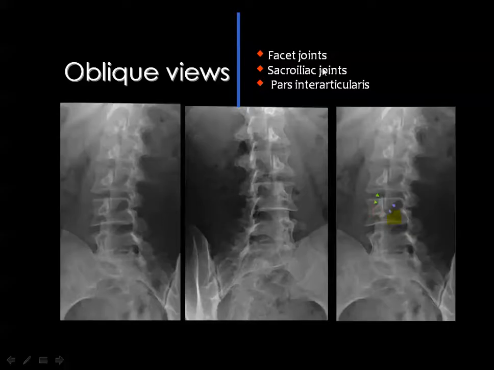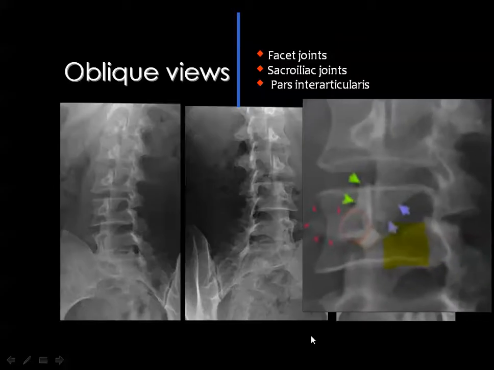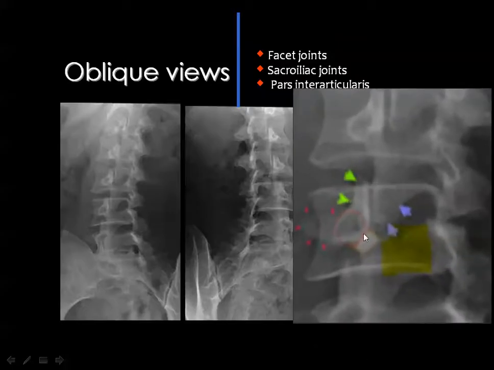Also, we can evaluate the sacroiliac joints in the oblique view better than in the anteroposterior view. And also, this oblique view is good for evaluation of the pars interarticularis, which is the junction between the pedicle and the remaining part of the neural elements.